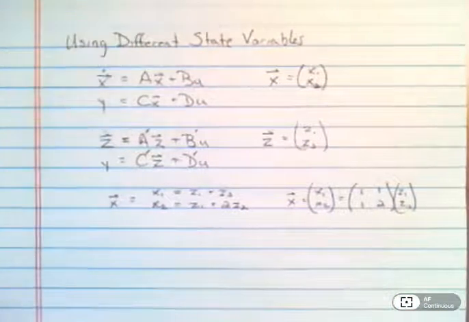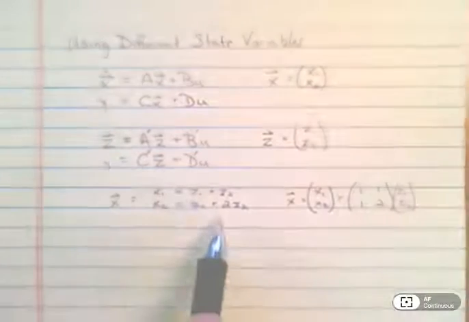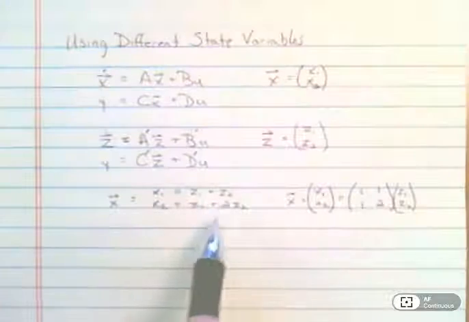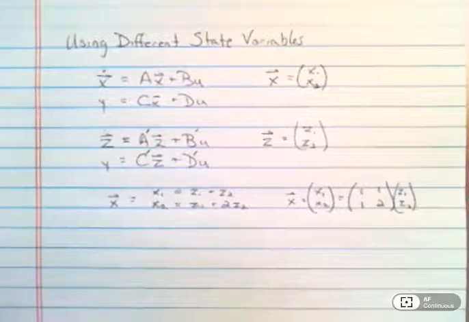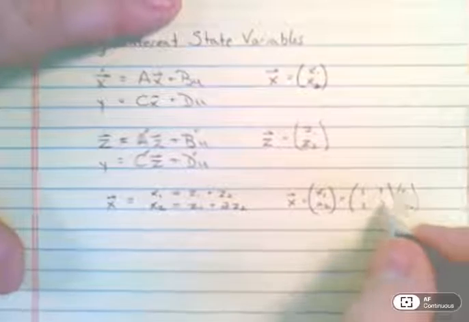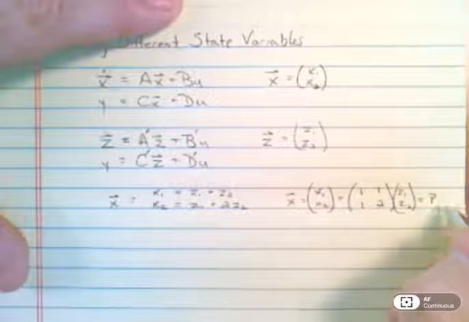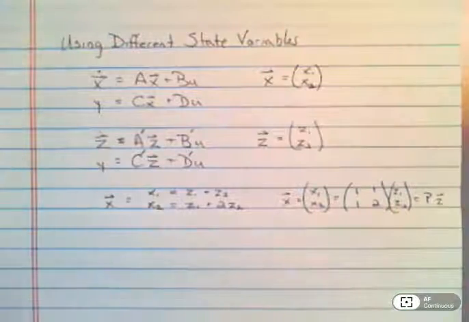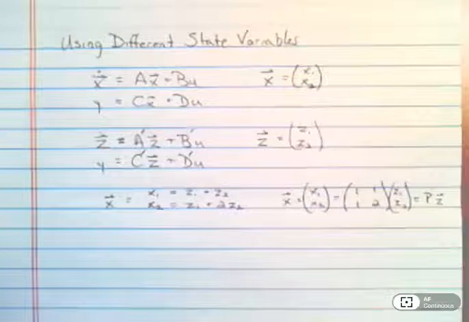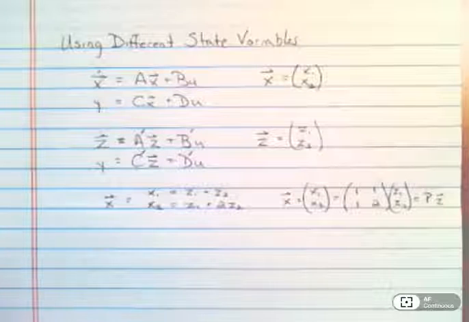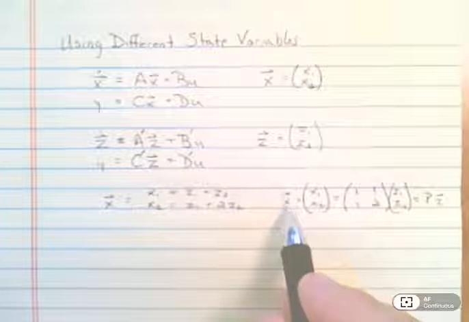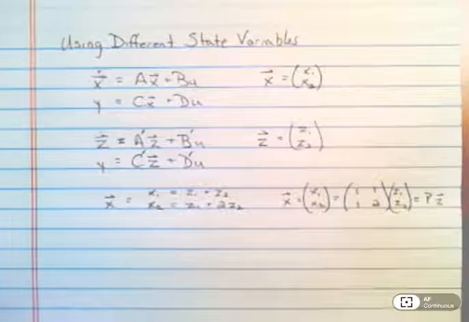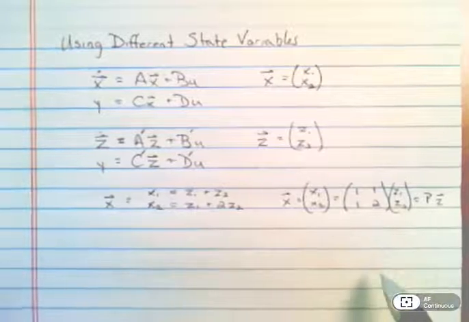So what I've done is take the linear combination that expresses my state variables as a function of your state variables, and converted that into a matrix equation. We'll just let this matrix be P. So I've got some matrix P times z. The matrix plays the role of the set of linear combinations for each of the state variables. So when I say my state vector is x, and you say your state vector is z, and we've chosen different variables, we now know what the relationship between those variables is.